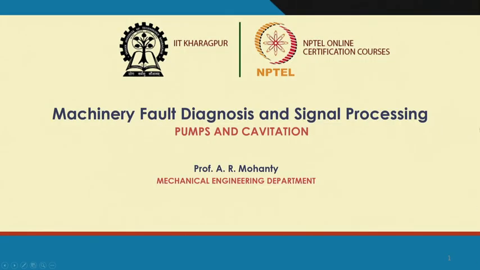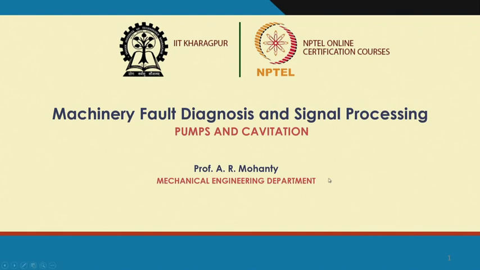So far, we had discussed the faults in bearings and gears, because they are the most common machine elements, apart from, of course, the rotating shaft. And today, we will focus mostly on machines like pumps, compressors, turbines, and so on.